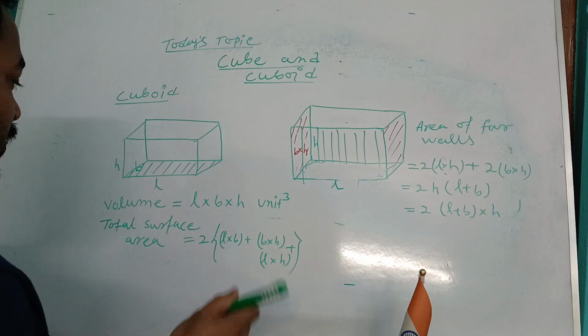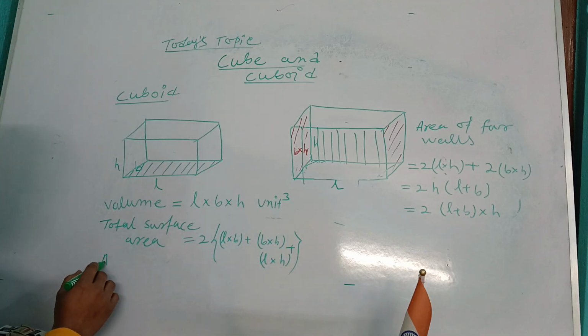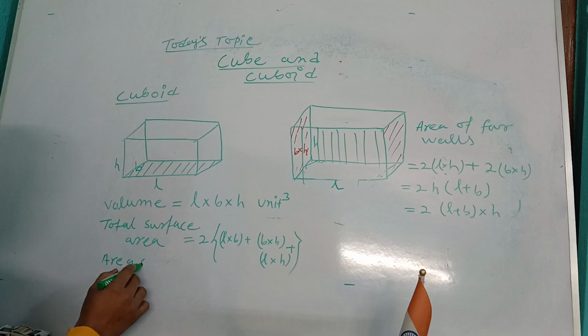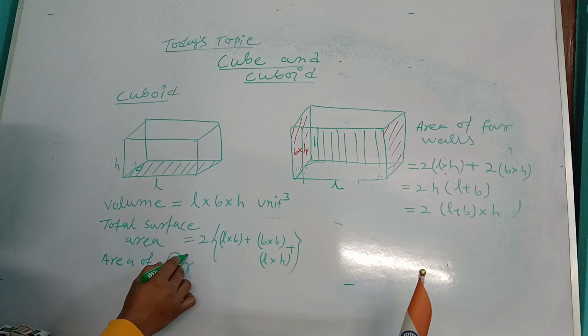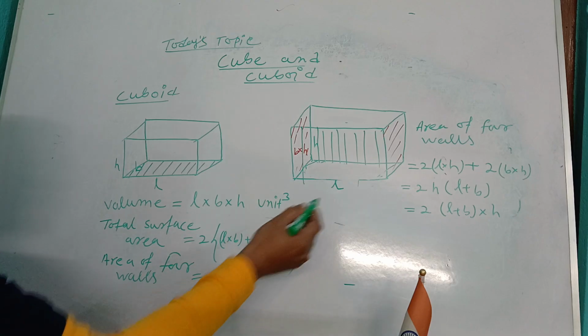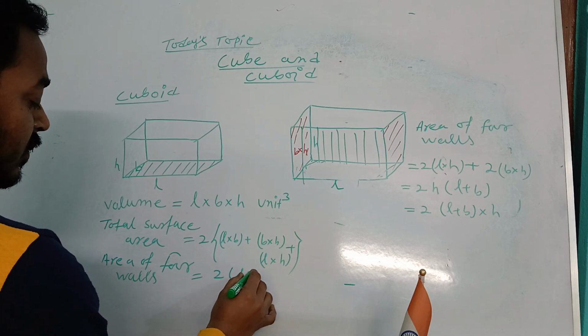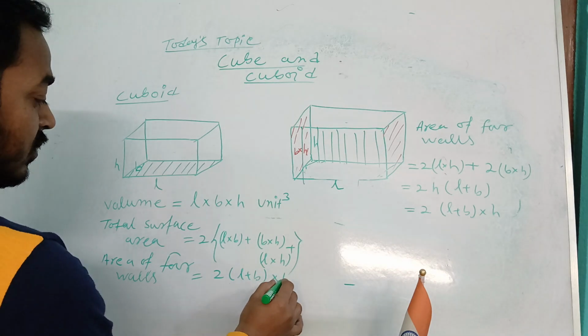Okay. So another one point we can write, it is area of 4 walls. Area of 4 walls, it is what? We are getting 2 into (length plus breadth) into height.